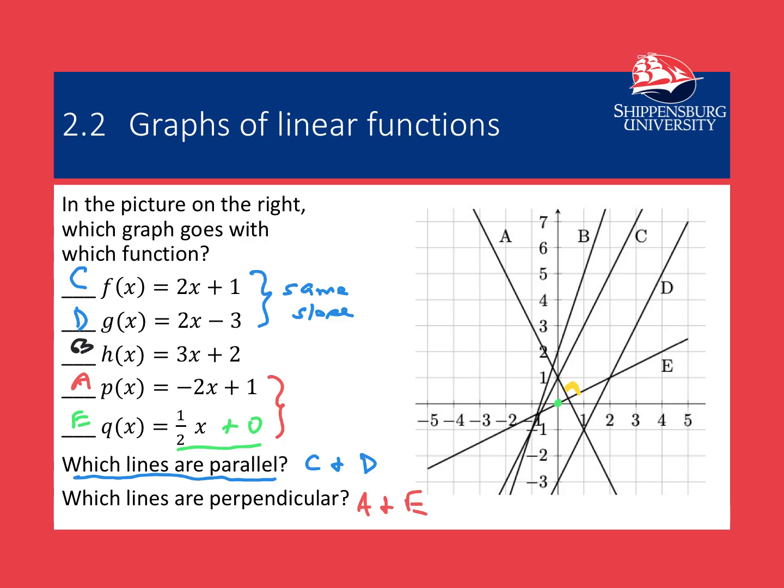It makes more sense if we write our slopes as fractions. So the slope for A, I'll write as negative 2 over 1, and the slope for E is 1 over 2. And so these are negatives of each other. I think that makes sense. One has to be positive and one has to be negative, and that makes sense that if one's going up, the other one has to be coming down.